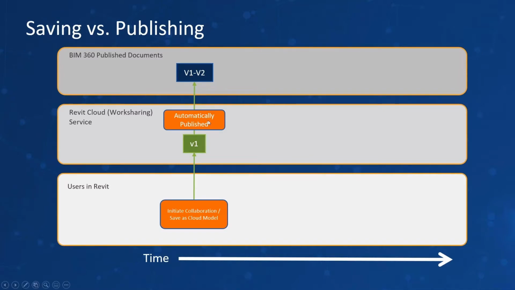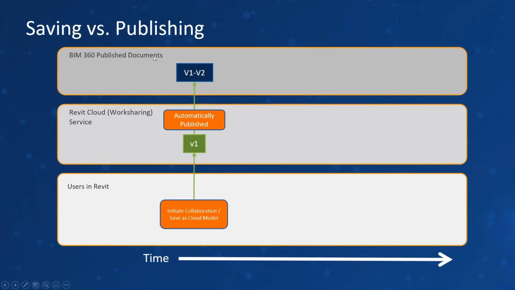So this is not invisible to the Revit users, of course not, because it's a central file. That's the one they're going to hook up to. But from a BIM 360 Docs point of view, what we do here shouldn't be visible to, let's say, the client that you're working for. You only want to expose them to data at certain milestones.